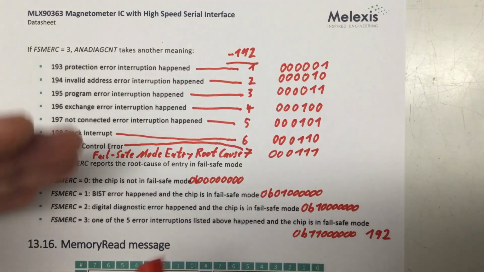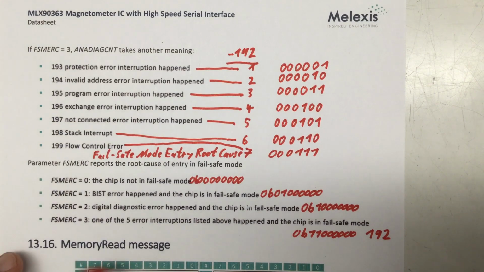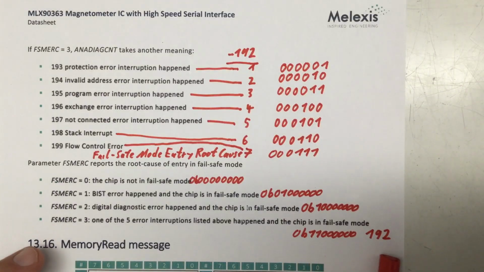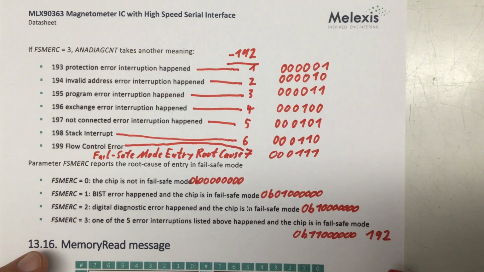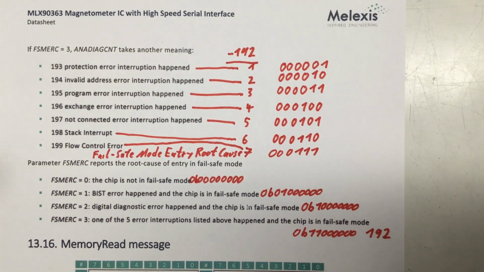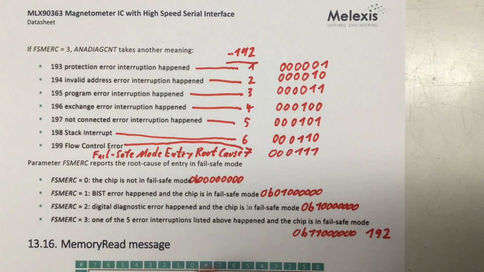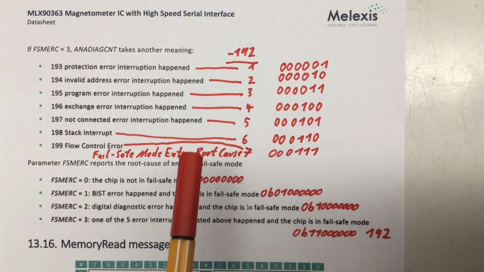Okay, I worked it out. If we again look at FSMerc as the 2 most significant bits set in the whole byte here, that's a decimal value of 192. And if you subtract from these numbers 192, you get 1, 2, 3, 4, 5, 6, 7. That's simple. You just have to think about it. I don't think anymore this is a data sheet, it's an intelligence test.